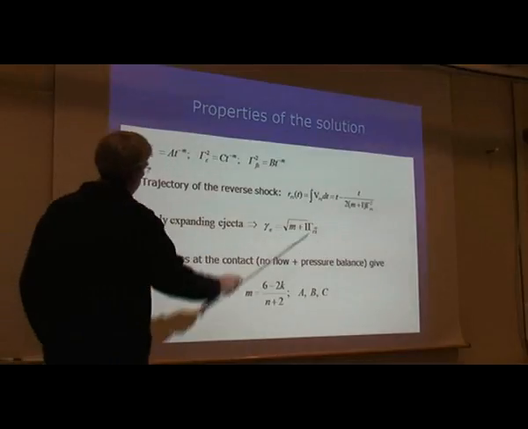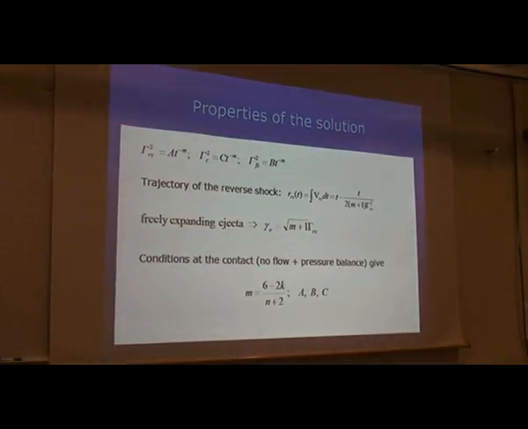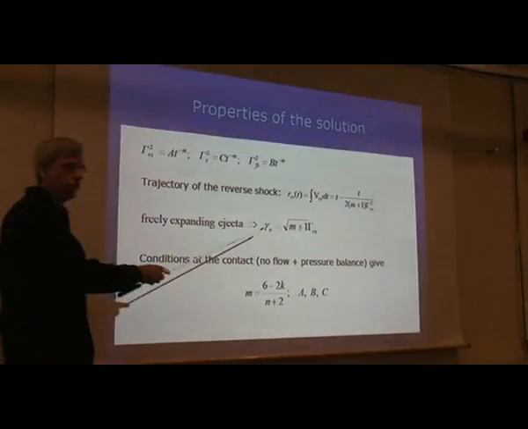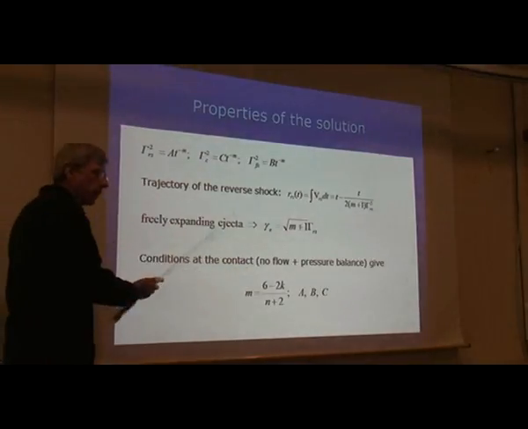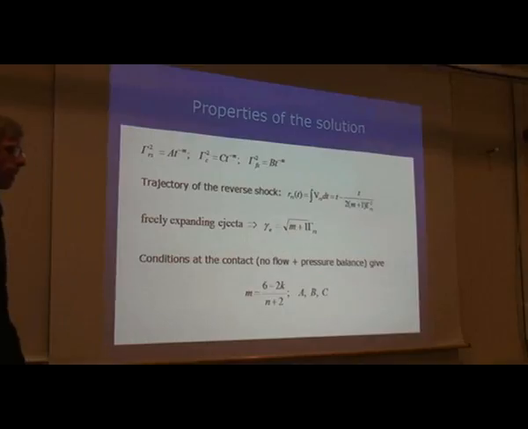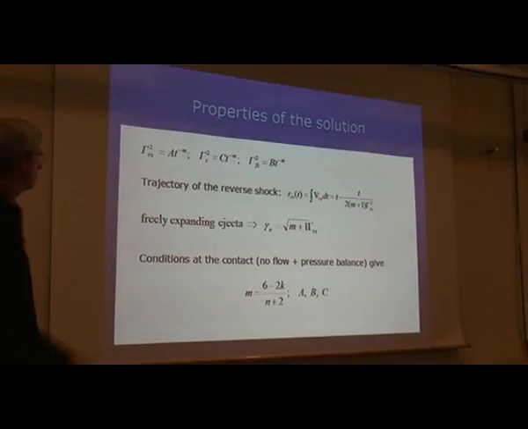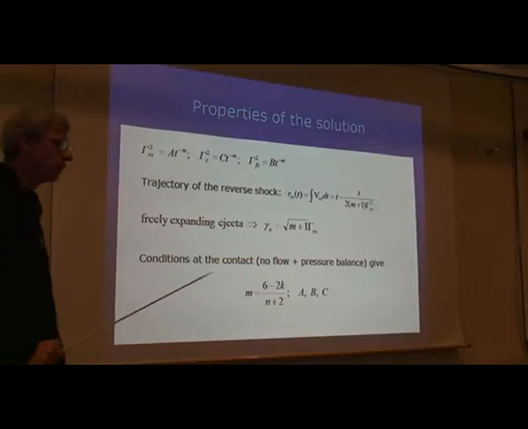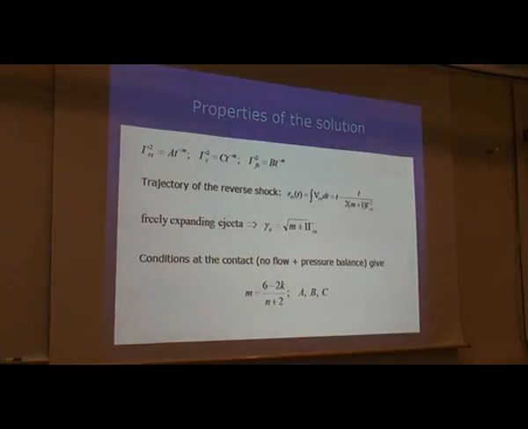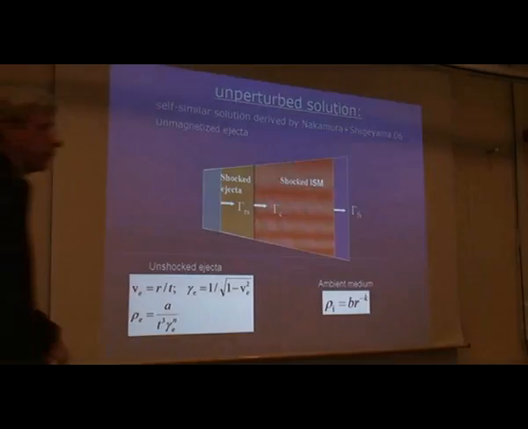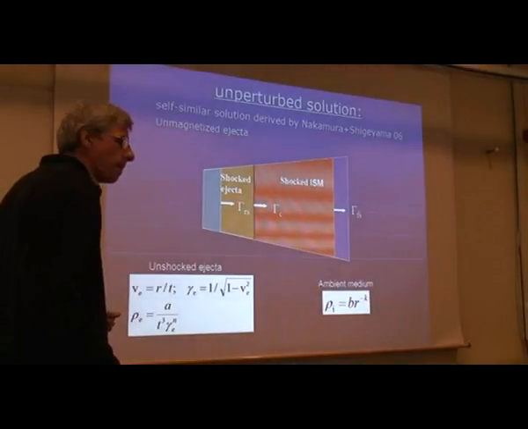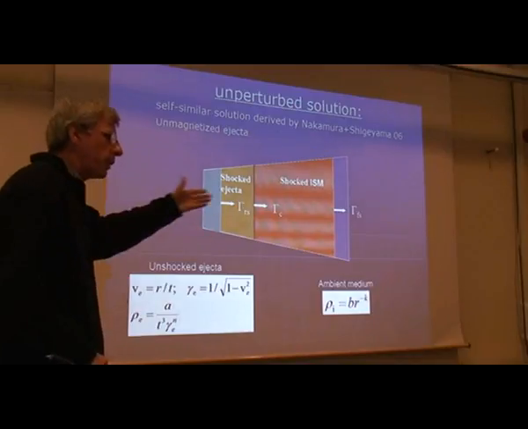So essentially, the reverse shock here is quite weak. I mean, these are all measured in the frame of the ambient medium. This should depend on the ratio of the densities. If you assume the velocity profile of the ejecta, and I take A to infinity, the self-similar solution inside depends on this.